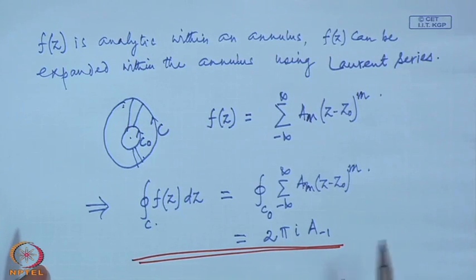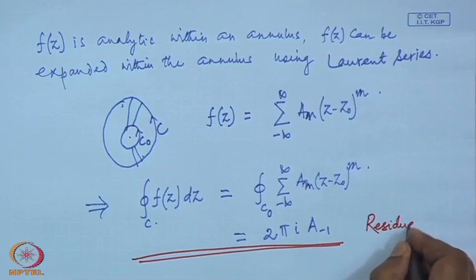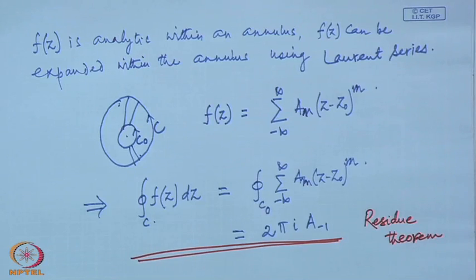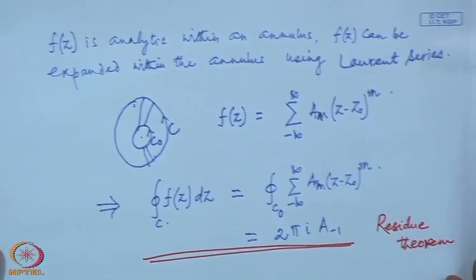If you have n number of singularities, then there will be one residue for each of those singularities, and this result will be 2 pi i times the sum of a minus 1 for all the singularities.